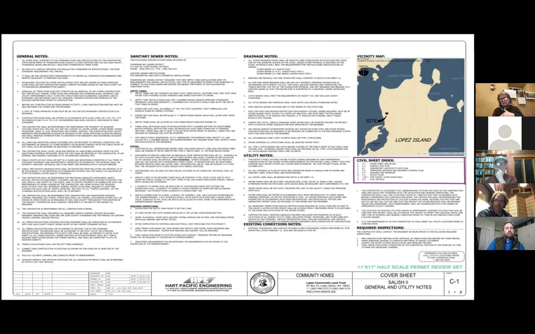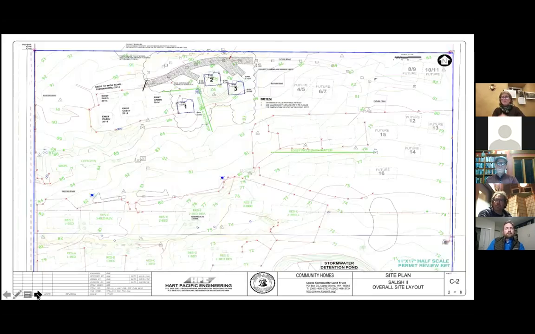You can have an intelligent discussion with your civil engineer about what is appropriate in the islands for stormwater controls, as opposed to, say, an urban environment. And that can really save your project quite a lot if you take the time to do that.